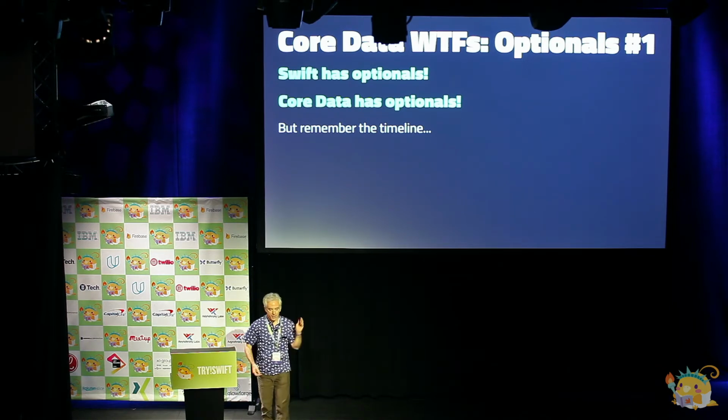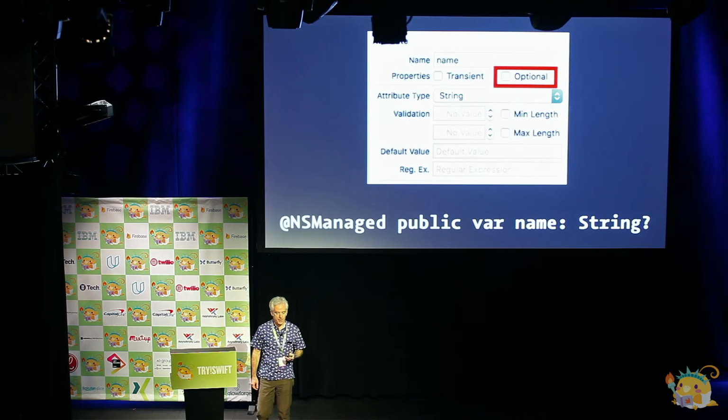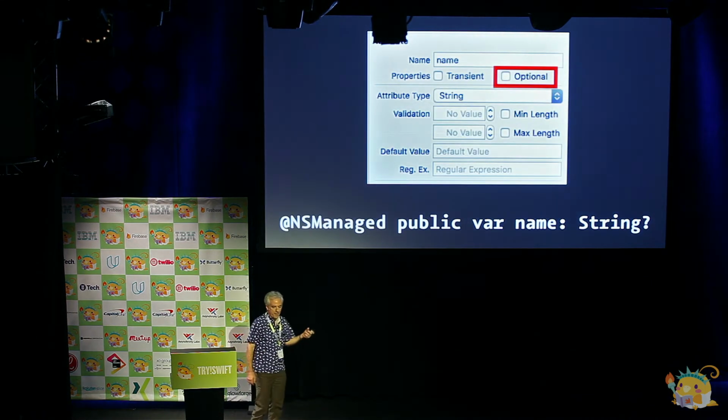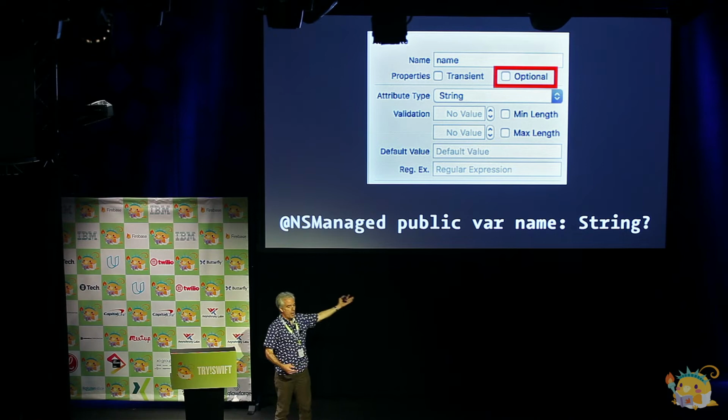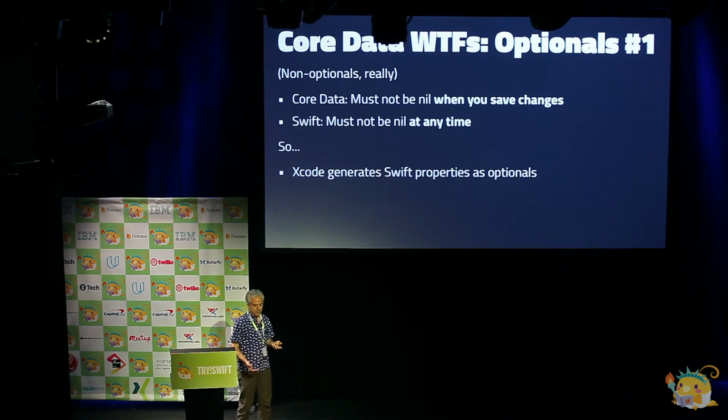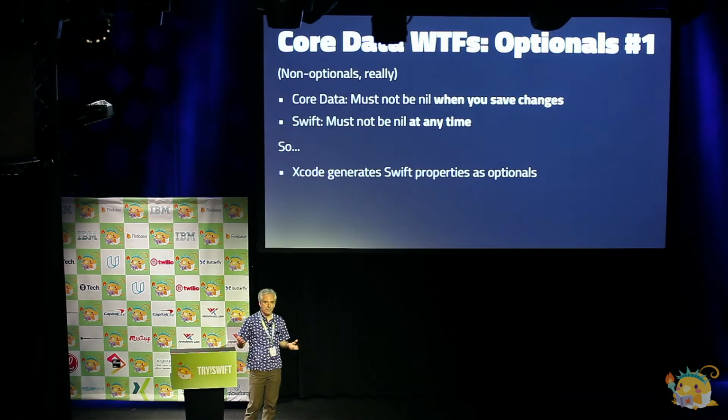And so one of the most common things you see on Stack Overflow is something like this, where someone will say, oh, I declared this property, this is required, so I set it to be non-optional. But then when I got this generated code, it's this optional thing. Why is that? Essentially, I assume most of you know more or less what Swift optionals are.